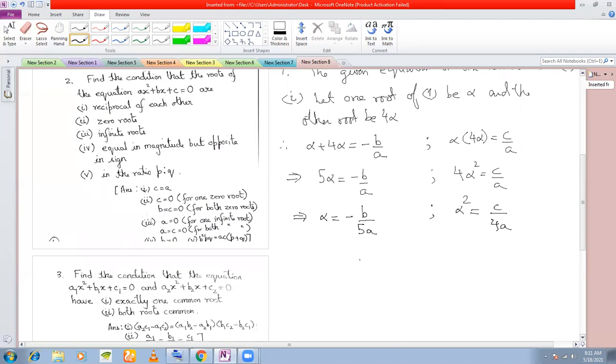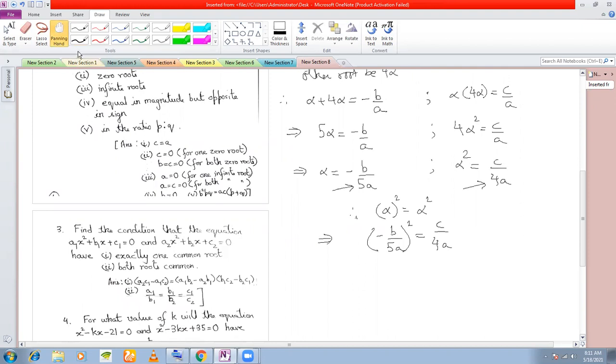So from above, therefore, what do we have? If you square alpha, you're going to get alpha square, isn't it? And what is alpha? Alpha here is this. So minus b by 5a whole square, you must be able to get alpha square is equal to c by 4a.